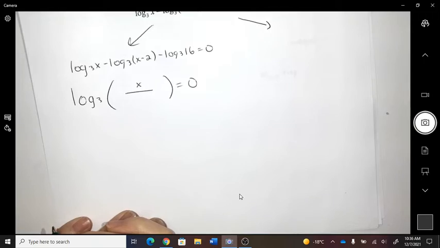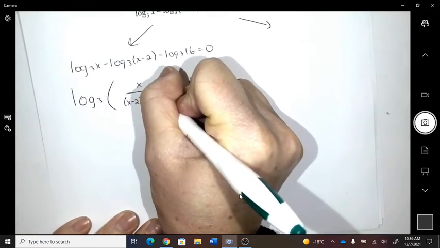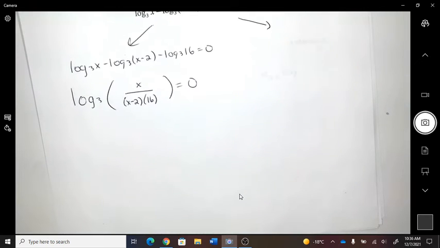Anything with a subtract is on the bottom. Now I'm going to turn the log into exponential.